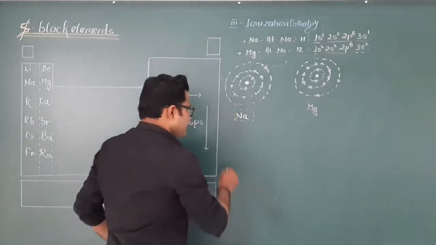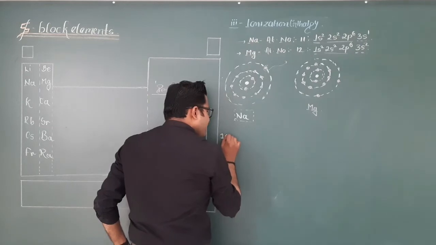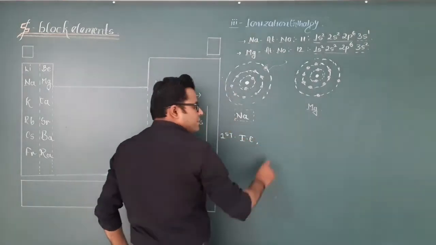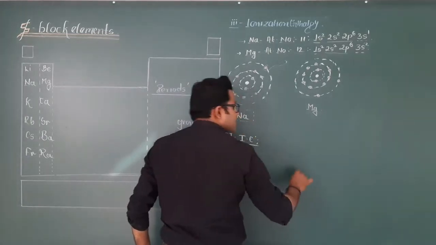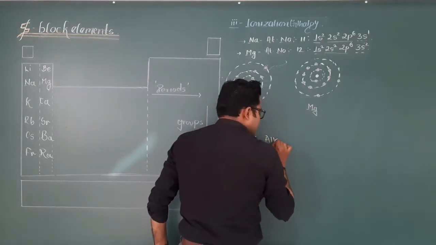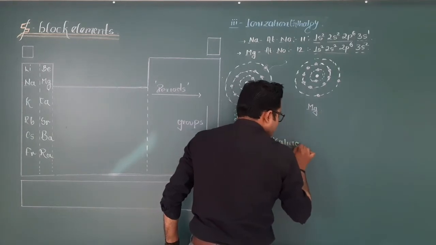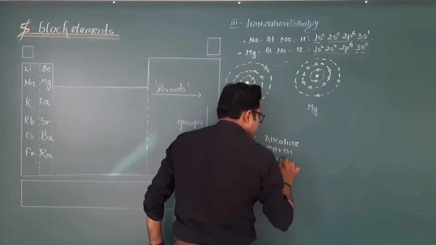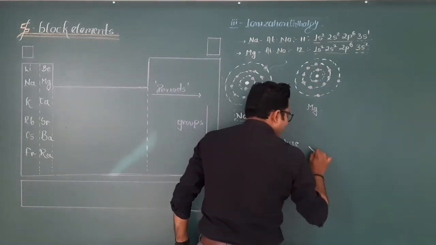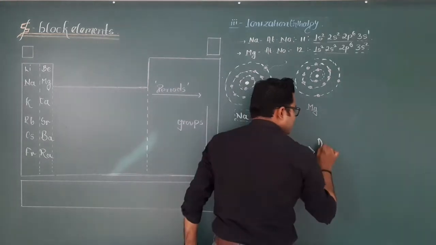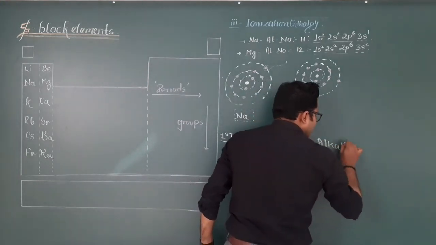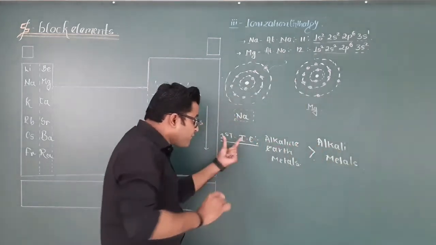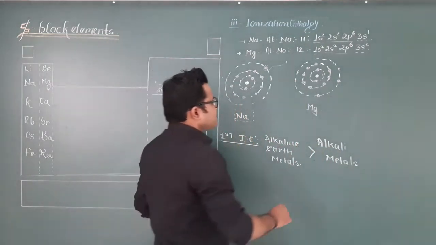So for the first ionization enthalpy, the alkaline earth metals will have higher energy compared to an alkali metal. This is for the first ionization enthalpy.